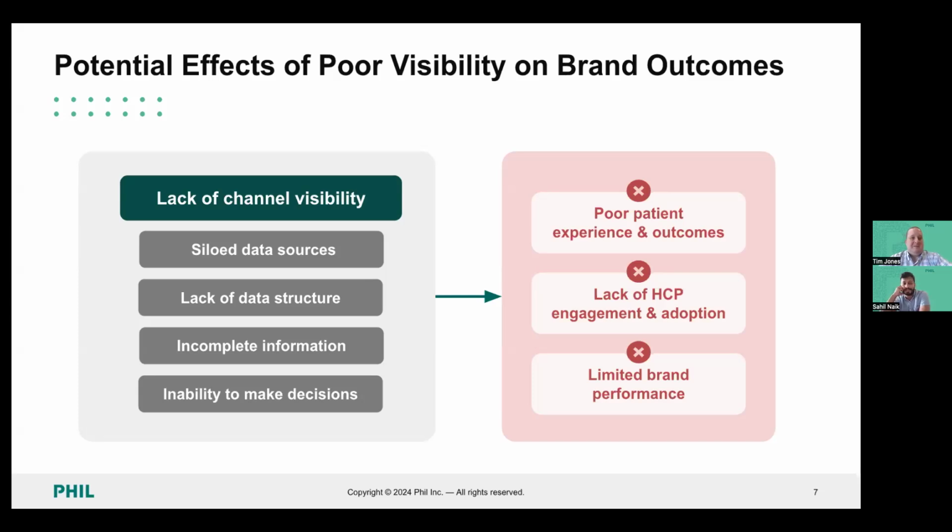So understanding covered dispenses, sales regions. Without so many pieces of the puzzle coming together, you're going to get to negative outcomes.